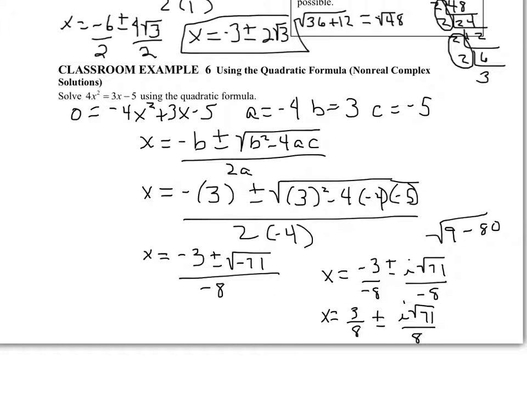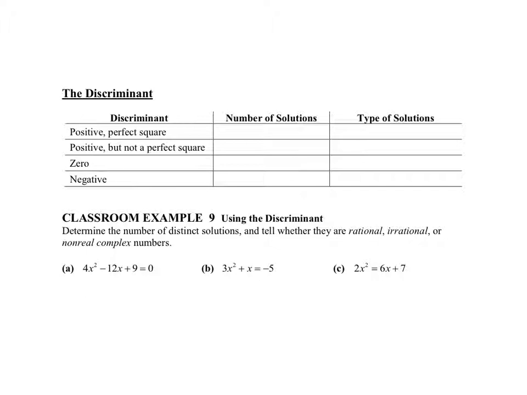Now let's move to the last page and we'll speak a bit more about the discriminant. The discriminant is simply that number that's under the radical. So in our quadratic equation formula, what's under the radical is the b squared minus 4ac. Simply by looking at that value, it will tell me something about the kind of solution that I would get.